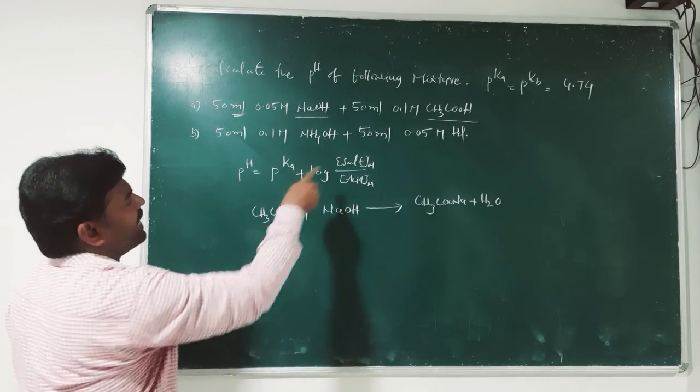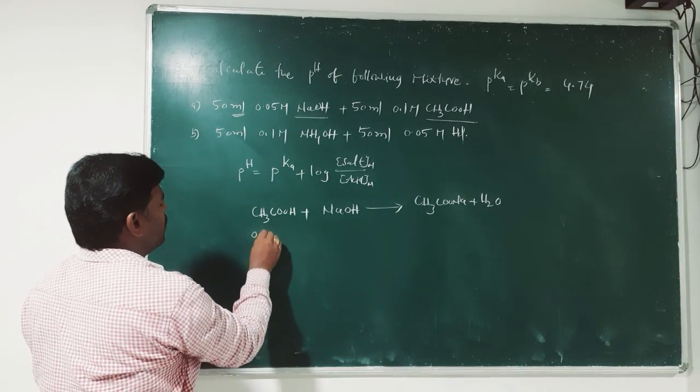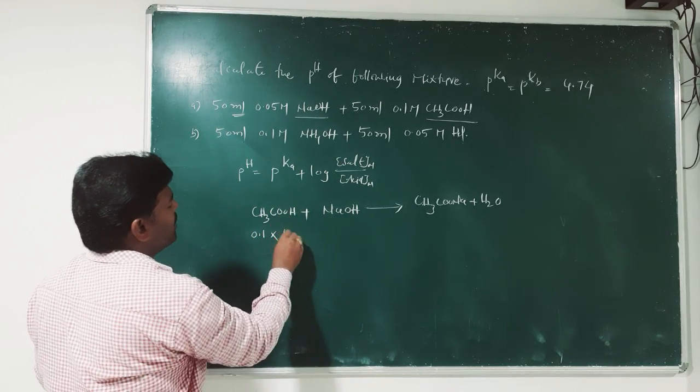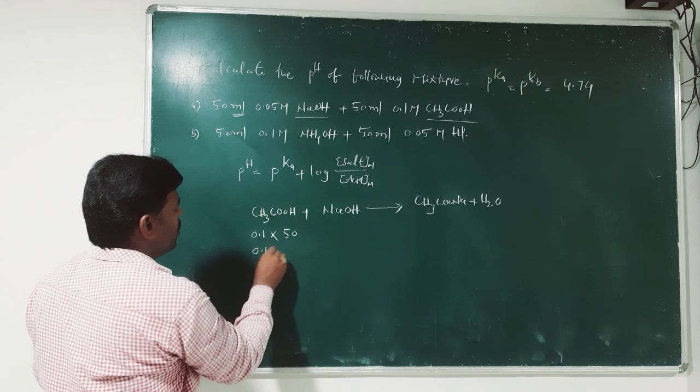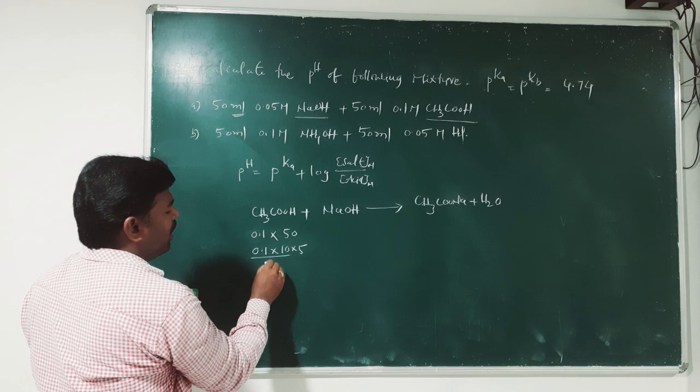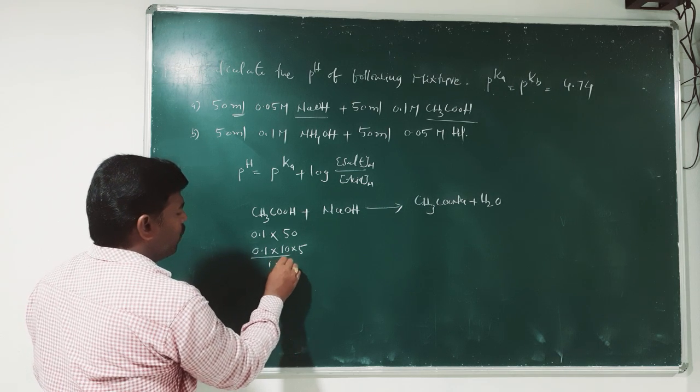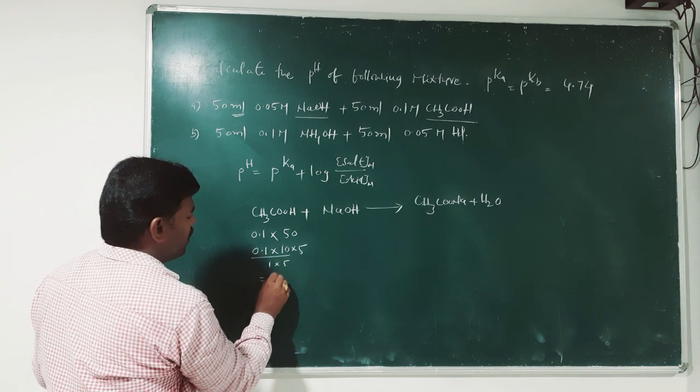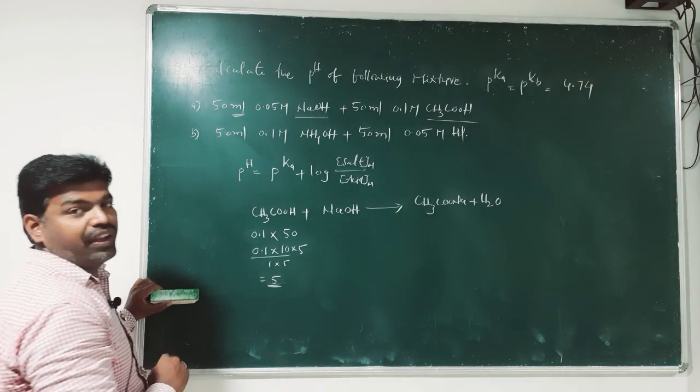Millimoles of acetic acid: concentration 0.1 molar and its volume is 50, so 0.1 into 10 into 5, that is 1 into 5, which is 5 millimoles of acetic acid.